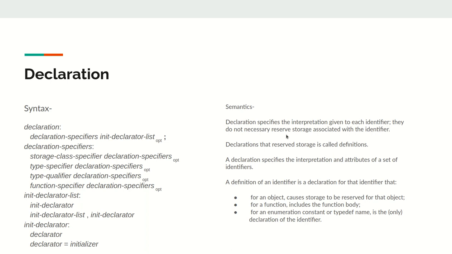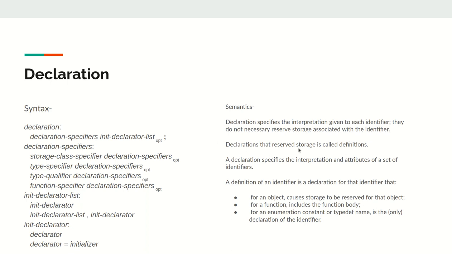Means there is no storage, in the sense it won't be available in the final program, either as part of the data section or BSS section or the text section, a code section we can say. So that is what we identify as storage. That's what should be available in the final program. So even if you declare an identifier, in some cases it may not finally be available in the executable program or final output. So the declarations that reserve storage are called a definition.